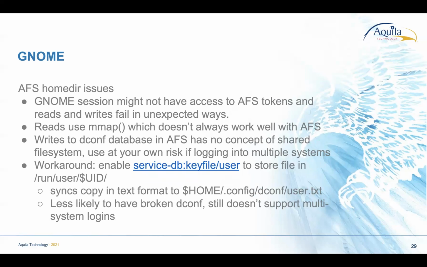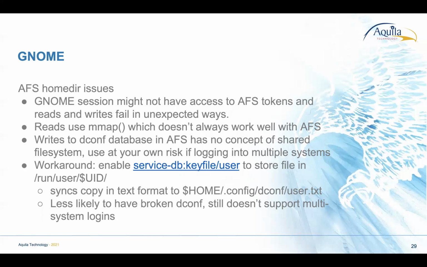There is a workaround. Basically, what you can do is put service-db:keyfile/user in the dconf settings. What this does is tell dconf to copy the content of the settings into the XDG runtime directory, which is /run/user/uid, and it periodically writes the settings back into your home directory as a text file instead of the GVariant database file.